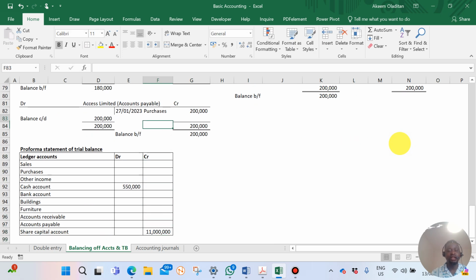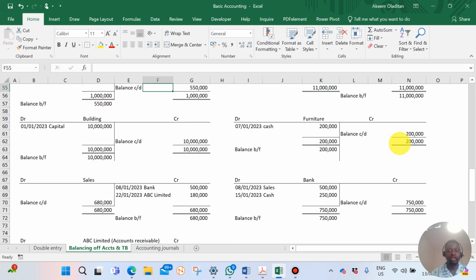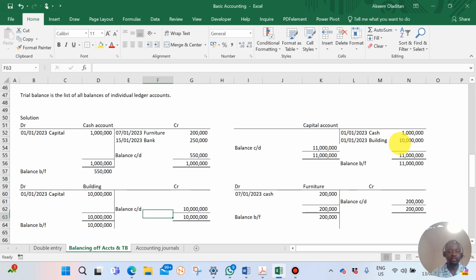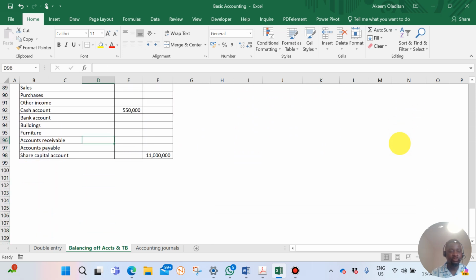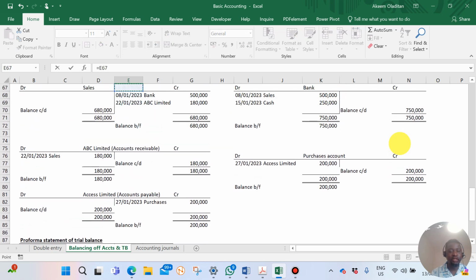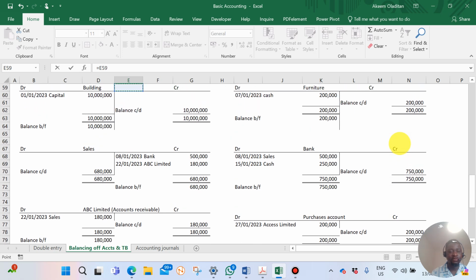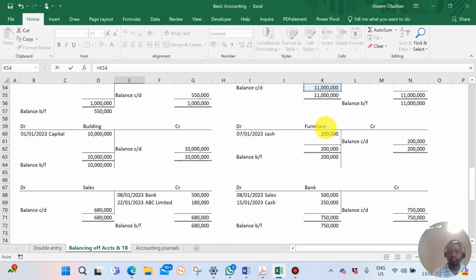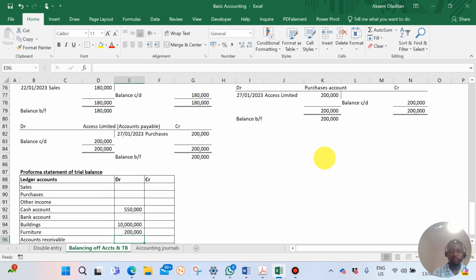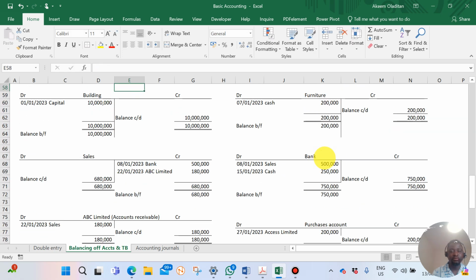So what's the next account that we have? After the capital account, we have buildings. Buildings shows on the debit side. Locate buildings. Yeah, this is buildings on the debit side. Then we have furniture. Furniture is also on the debit side, as I can see there. Which other account?